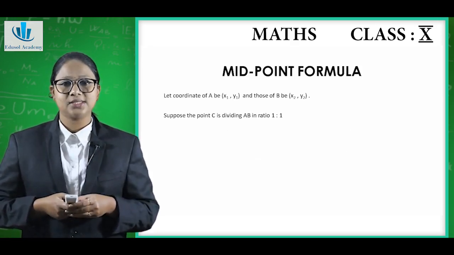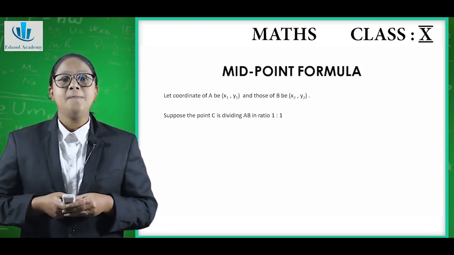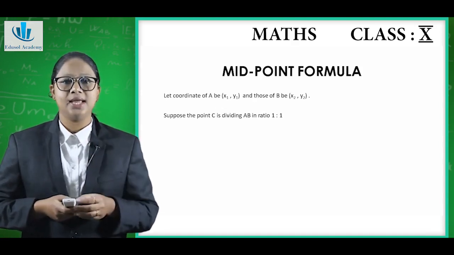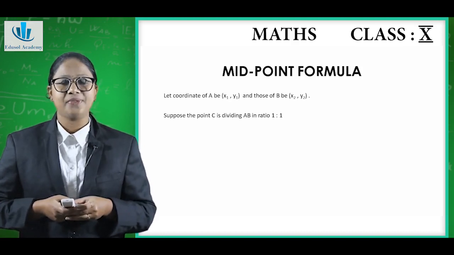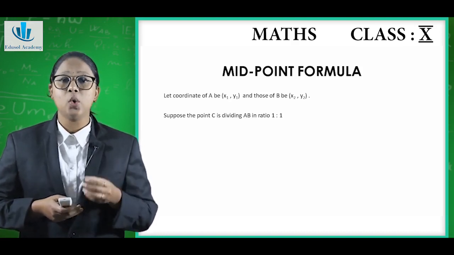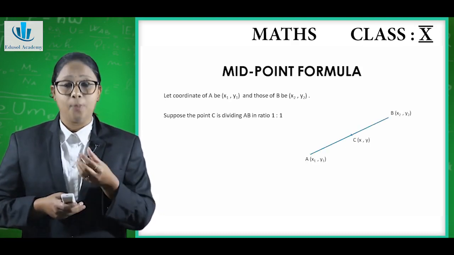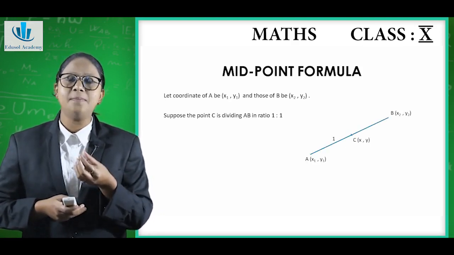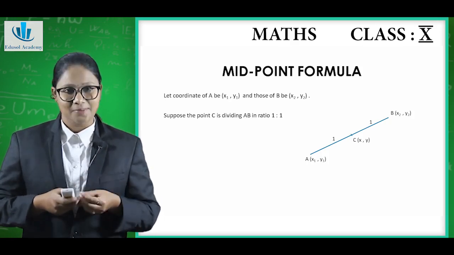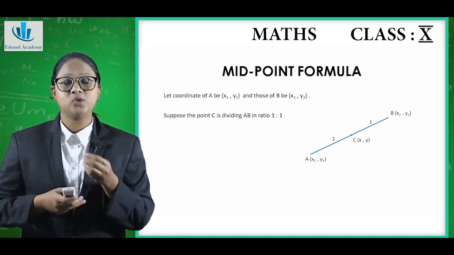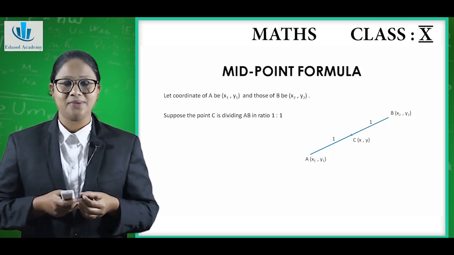Moving on to the next, midpoint formula. Midpoint formula is a special case of section formula itself. Remember we talked about the ratio m is to n? Well, in midpoint formula, the point C will be exactly in the middle of the line joining A and B. So the ratio m is to n will be 1 is to 1.